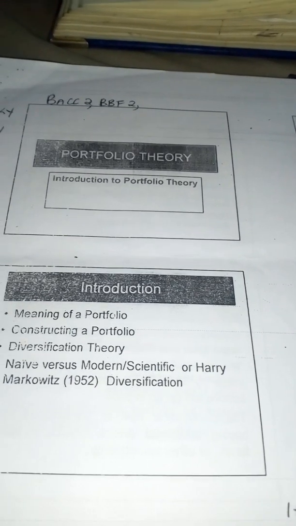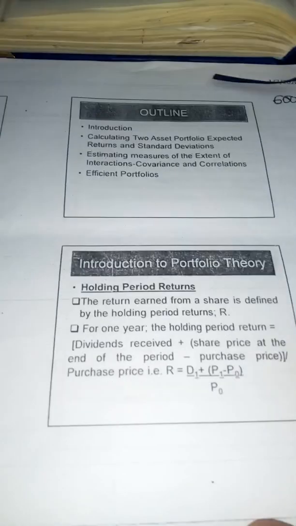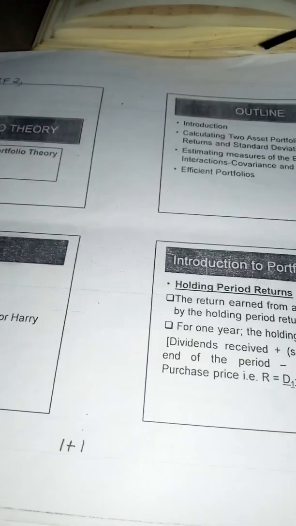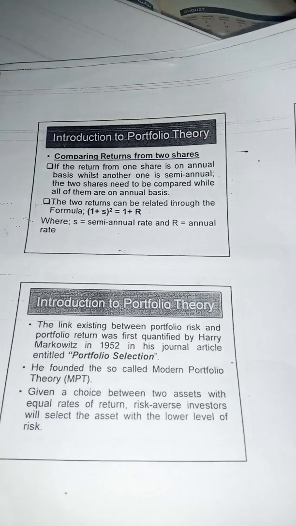The introduction of our portfolio is that we're going to look at two theories: the holding period return, and the next one will be comparing returns from two assets. Let us look first at this holding period return.